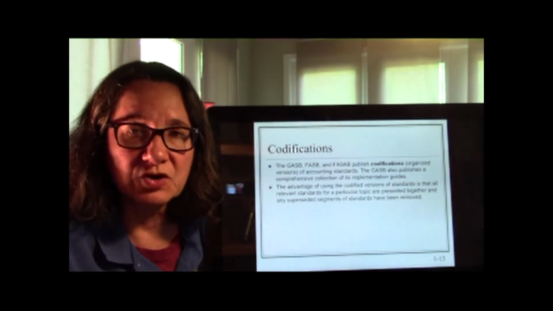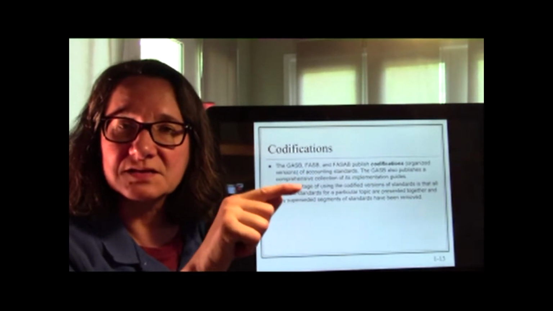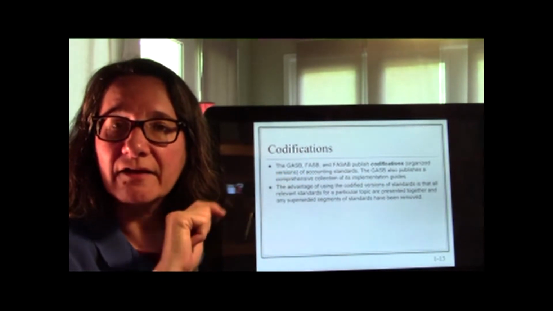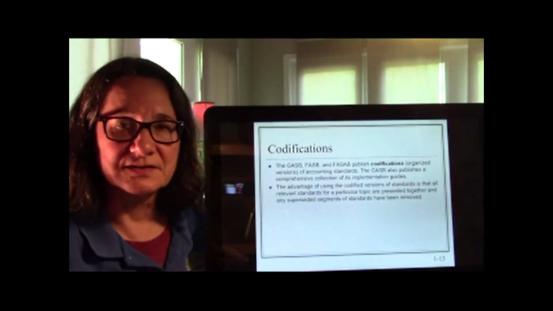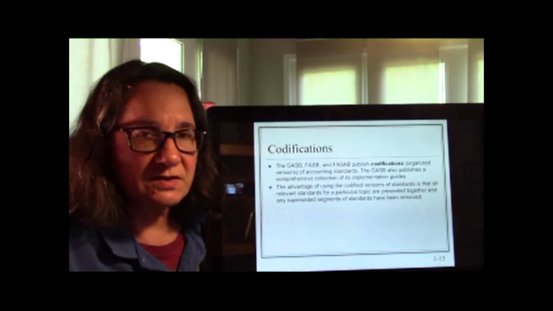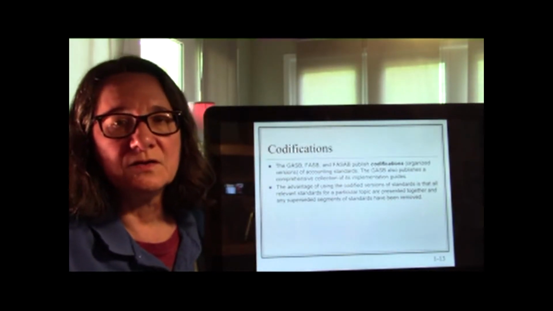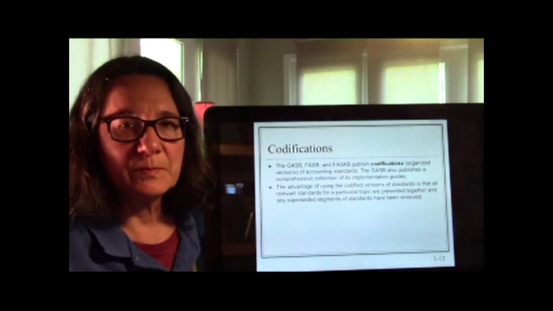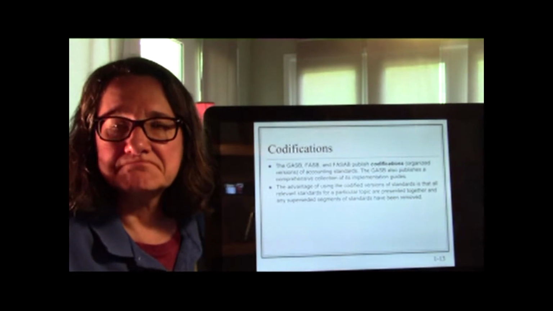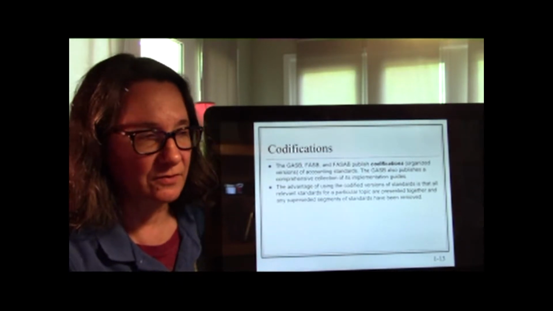You can imagine a book or a place online where you can go and look up standard number 1000.102.f, right? You look up the standard and you read it. So the advantage is they're all together in one spot, and you can look them up and refer to them, and you can say, I prepared my financial statements according to the standard, and you can state that standard.